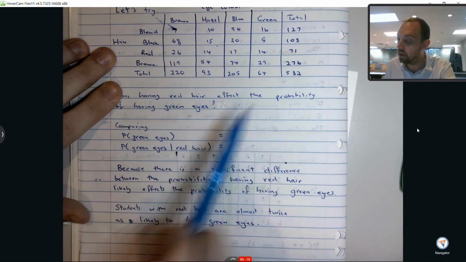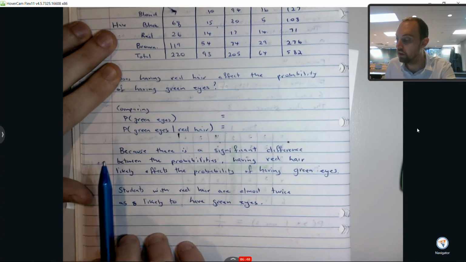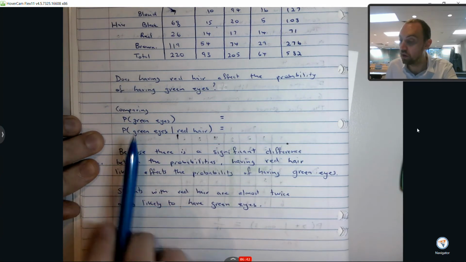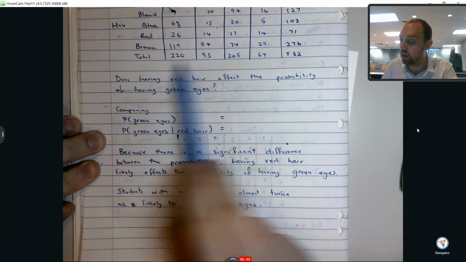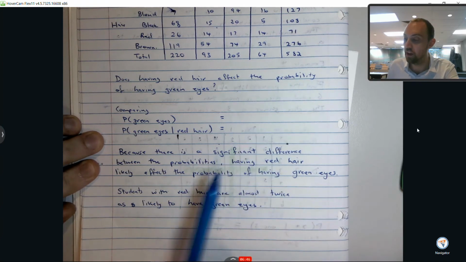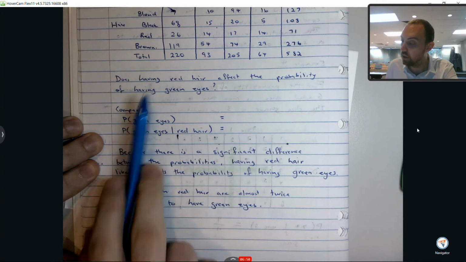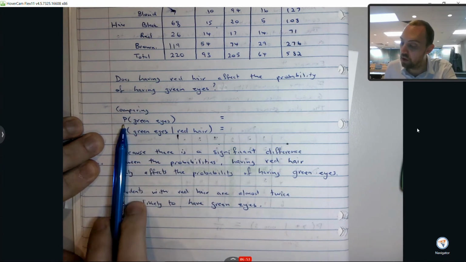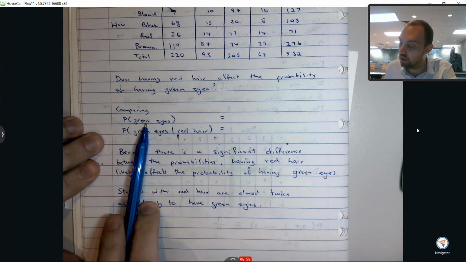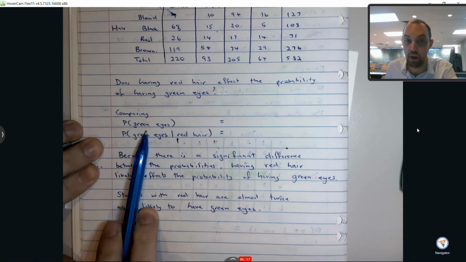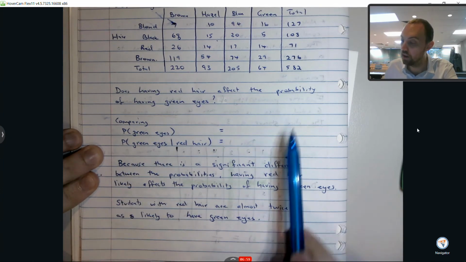Being able to read our two-way tables is going to be important because we need to make sure that we know which one of these totals is going to affect things. Our next example is going to show that. So, back to the question at hand, we're looking at the probability of green eyes. How many people have green eyes from here?